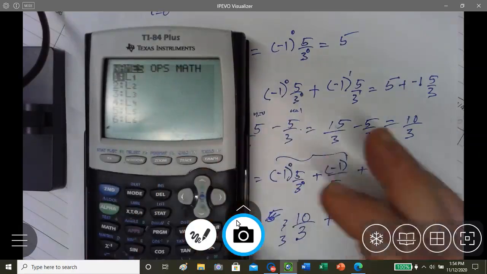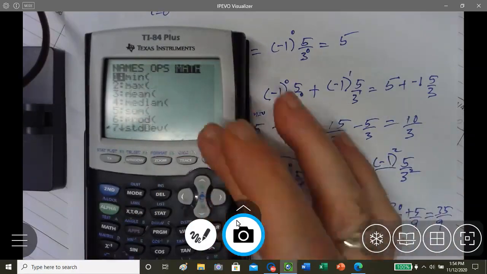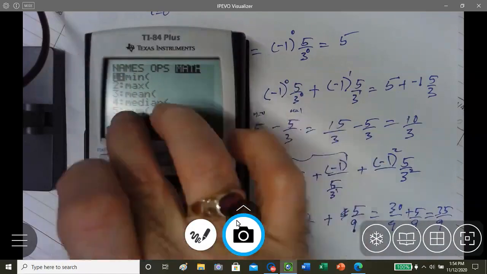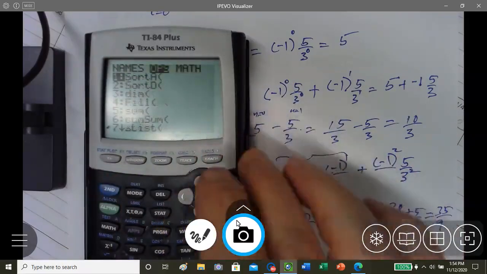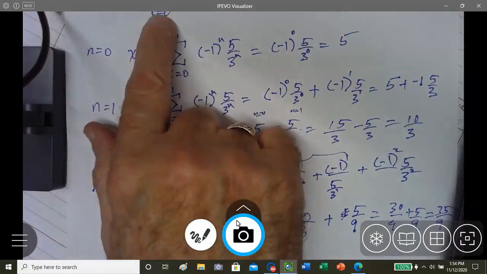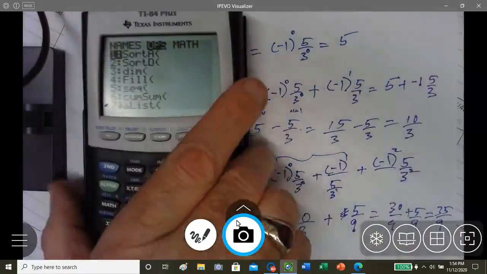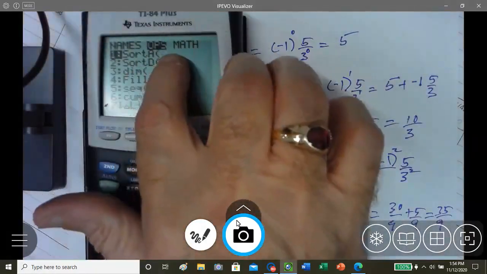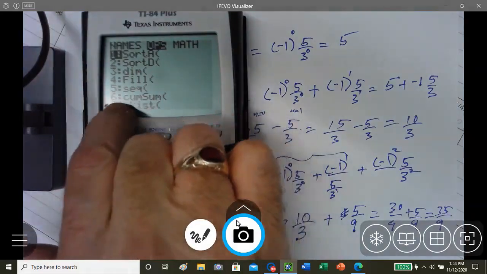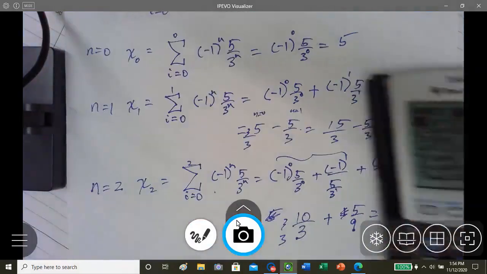Then you're going to go to second and list. Now before we went to math and then sum and then sequence, but because we're dealing with a summation, we need a cumulative sum. So instead we're going to go to ops and then 6 for cumulative sum.